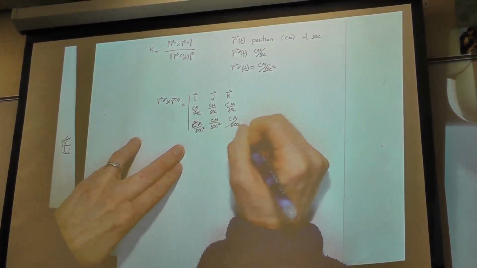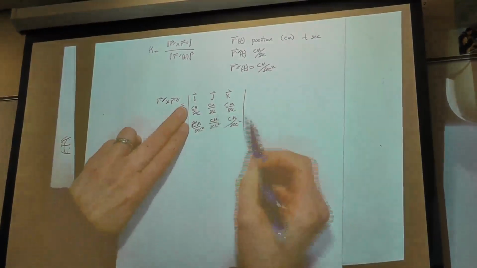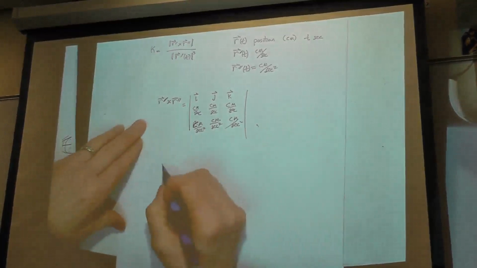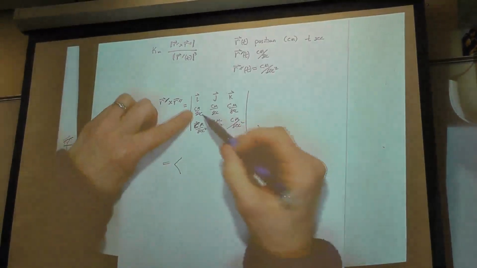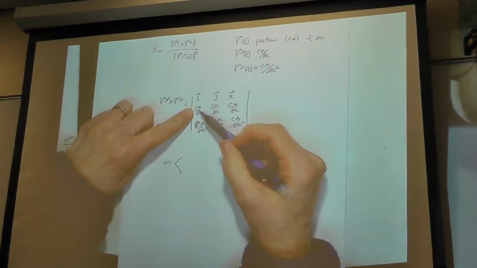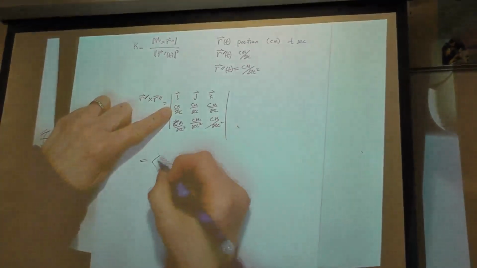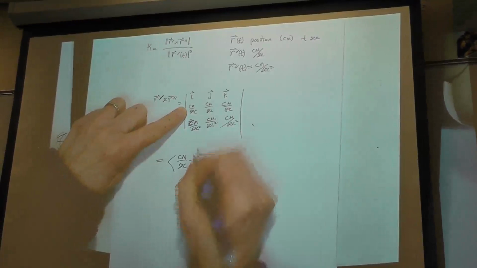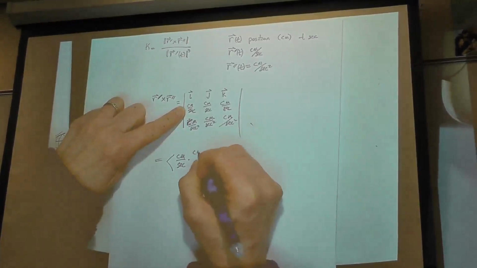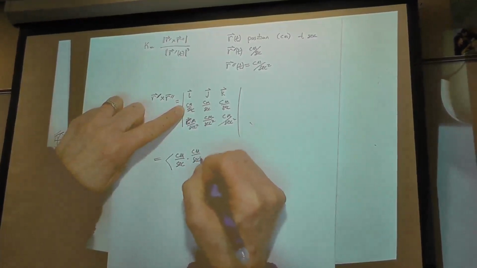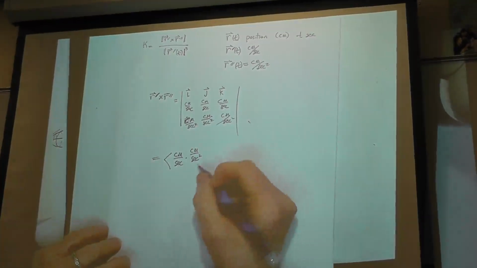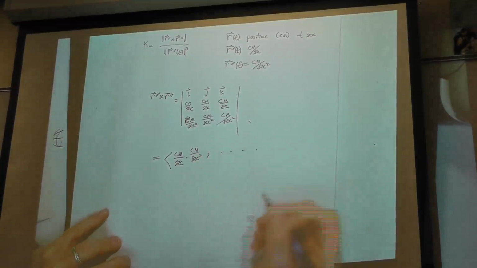So when you get the components, I'm going to get centimeters per second multiplying centimeters per second squared, and I will do that all the way through.